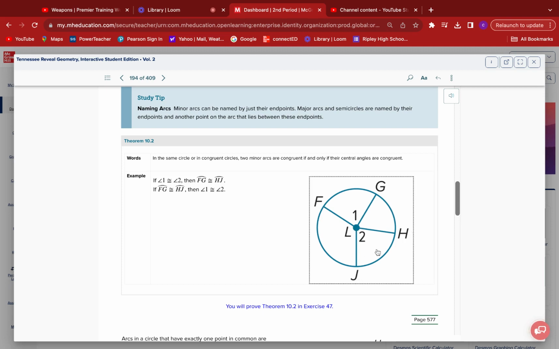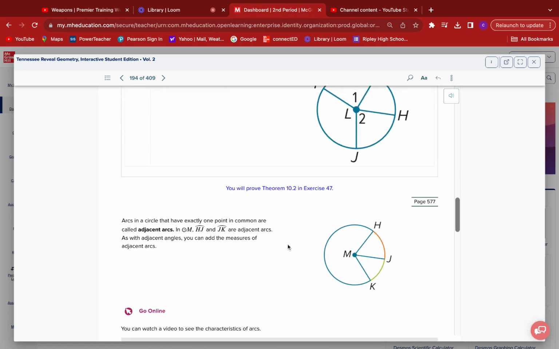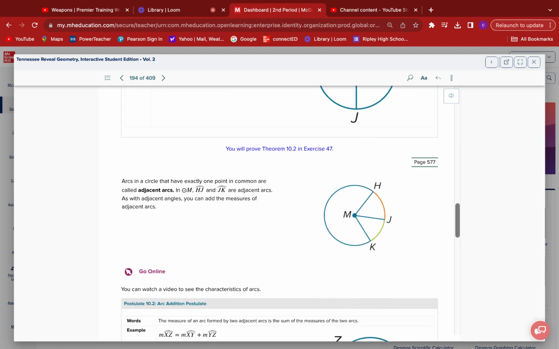If angle 1 and angle 2 are the same, then arc FG is the same as arc HJ. They are congruent to each other. Adjacent arcs are not necessarily equal to each other, it just means they're sitting beside each other. So HJ, which is orange, is adjacent to arc JK, which is green. It doesn't necessarily mean they're equal, it just means they're right next to each other.